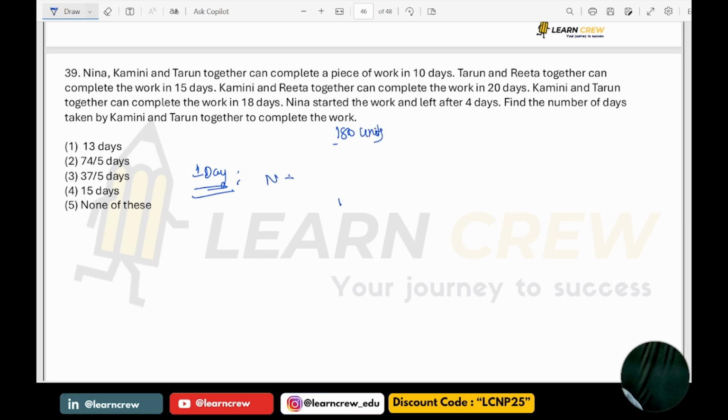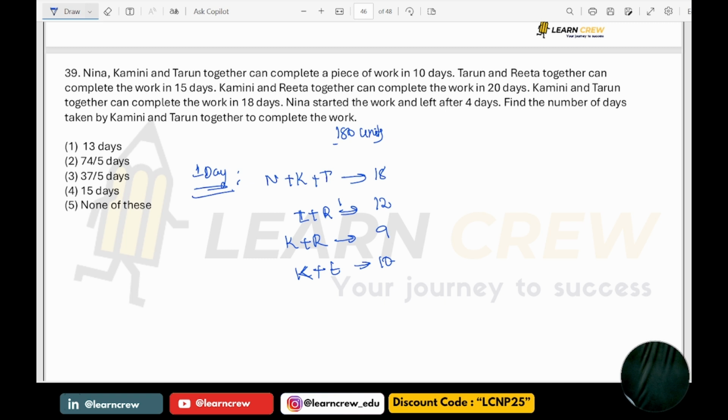So N plus K plus T in 1 day: 10 days, 180, 1 day 18. Tarun and Rita, 15 days, 180, 1 day 12. Kamini and Rita, 20 days, 180, 1 day 9. Kamini and Tarun, 18 days, 180, 1 day 10.